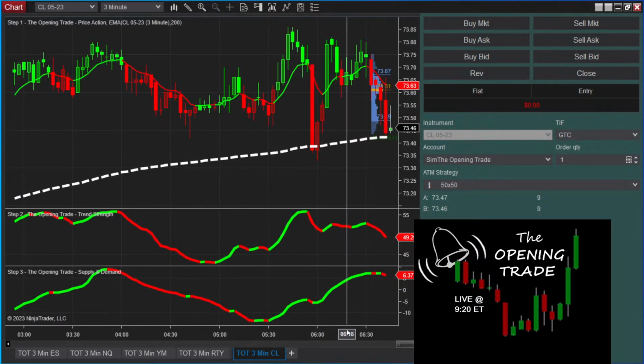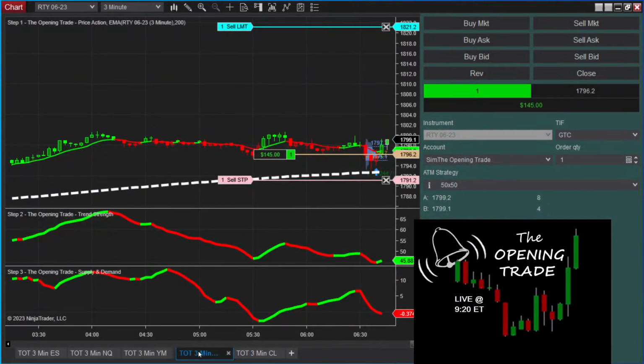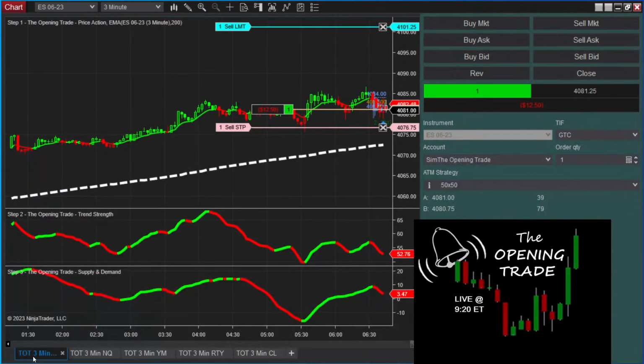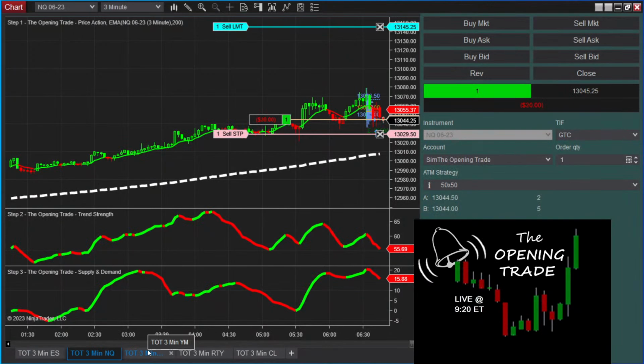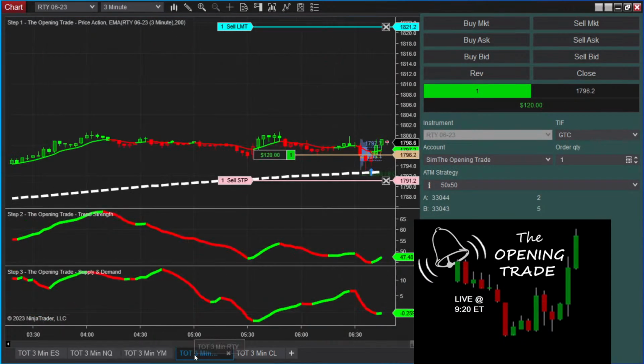The computer seems to be lagging a little bit. All right, so here we are in four automated trades.